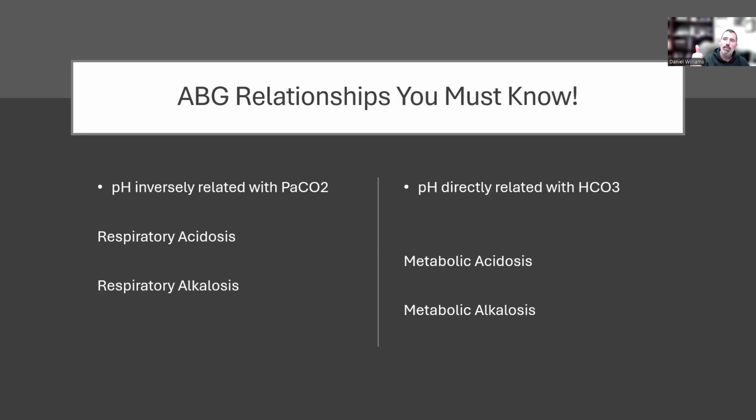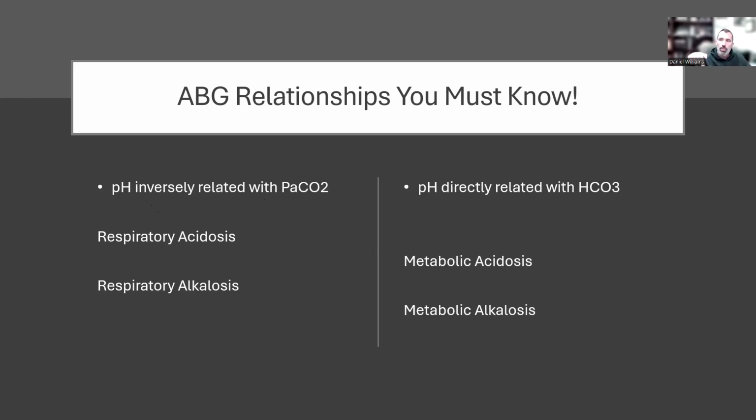In addition to normal values and terms, there are relationships that we absolutely have to make sure that we remember and can apply to our arterial blood gas interpretation. So we must understand that the pH is inversely related with the PaCO2, partial pressure of arterial carbon dioxide. So if PaCO2 goes up, pH will go down.